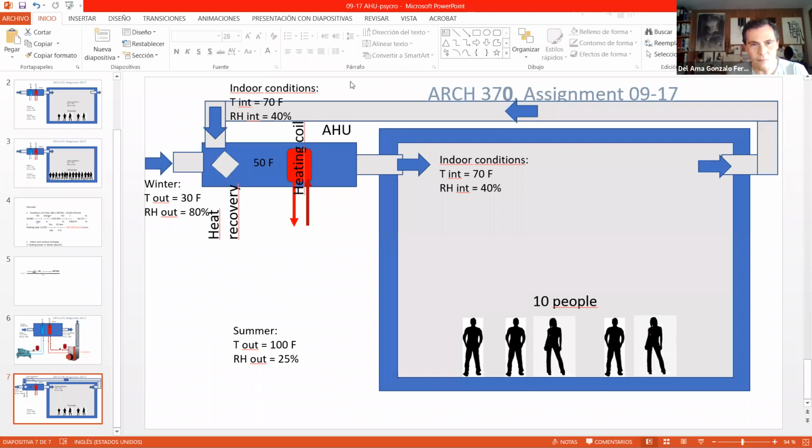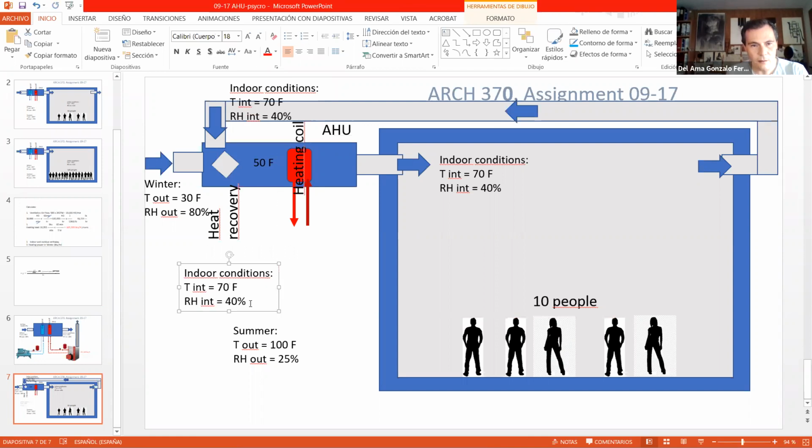So in this case, we can write that the heating load equals 5,176 BTU per minute.